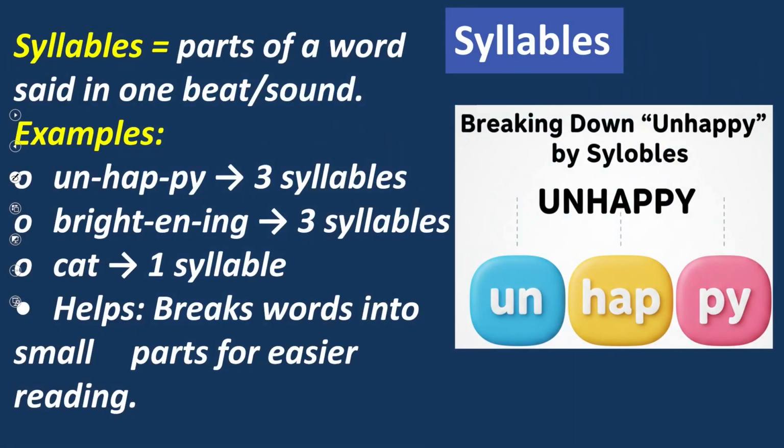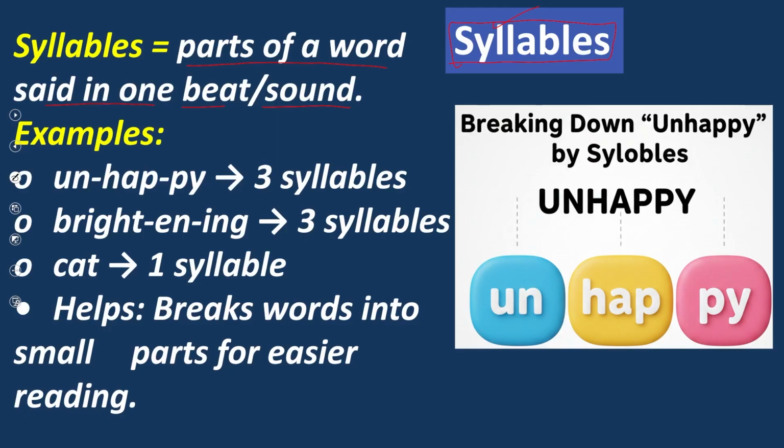Yes, now we are going to learn about syllables. What is a syllable? Syllables are parts of a word said in one beat or one sound. When we pronounce any word, it may have one beat, two beats, or three beats, or we can say one sound, two sounds, or three sounds.